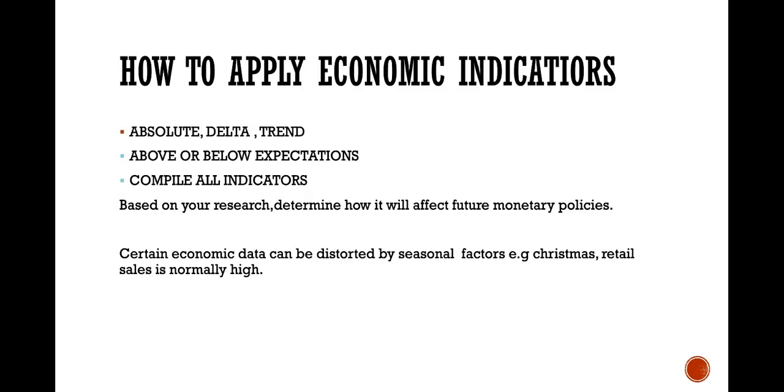So you want to look at is it above or below expectations, where you have your actual, forecast and previous. The forecast is what the analysts are expecting, based on past information, in order for everything to be all well and good.